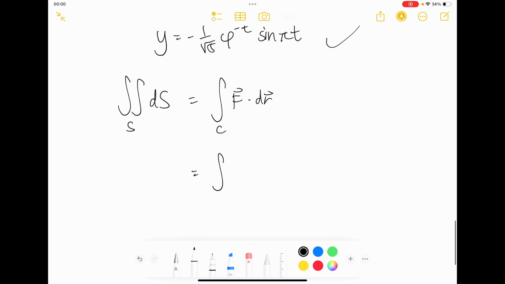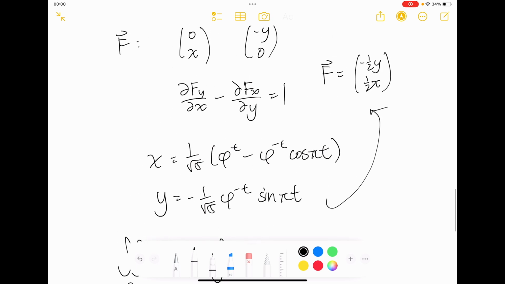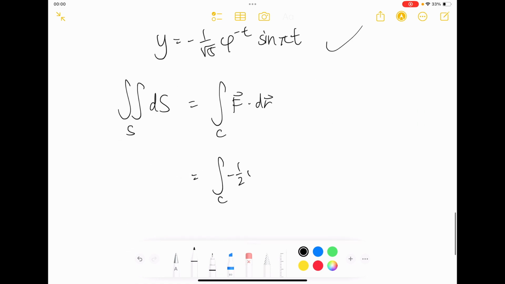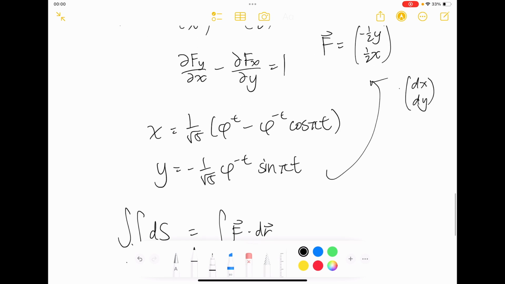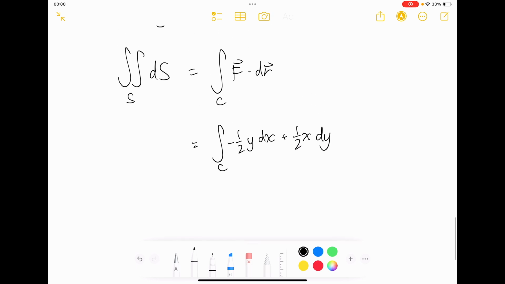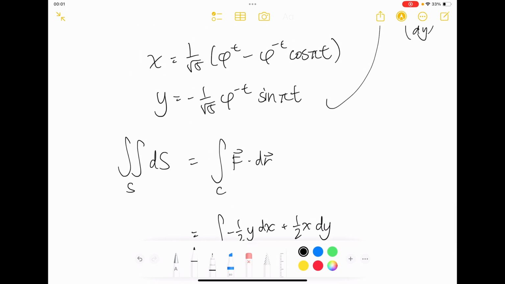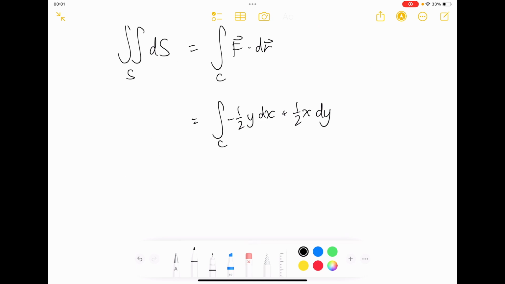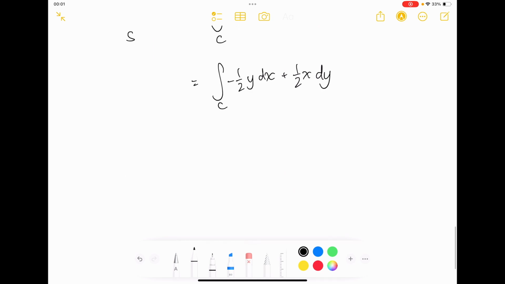Our vector field is this, and if we dot it with dx dy, we're going to get minus half y dx plus half x dy. And of course, our curve is in terms of t, so we have to do some manipulation before we do that.